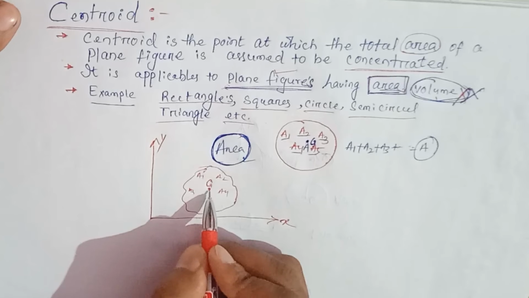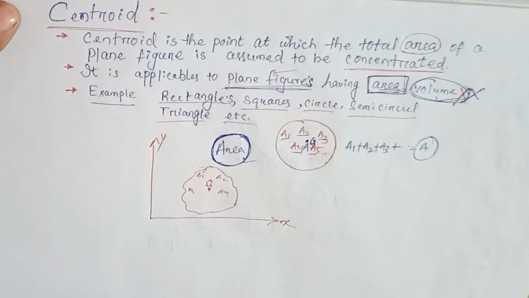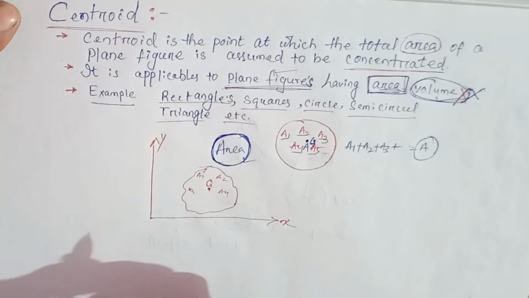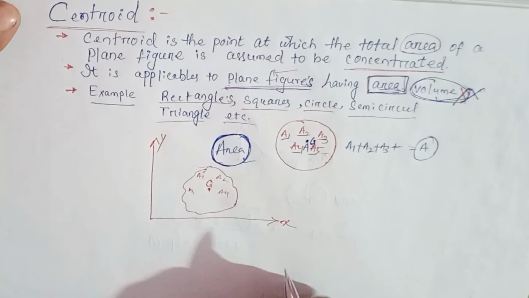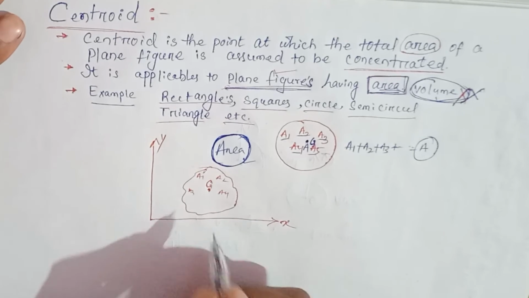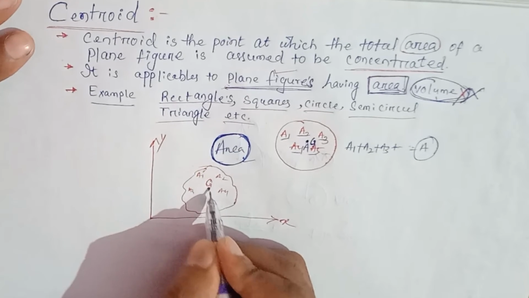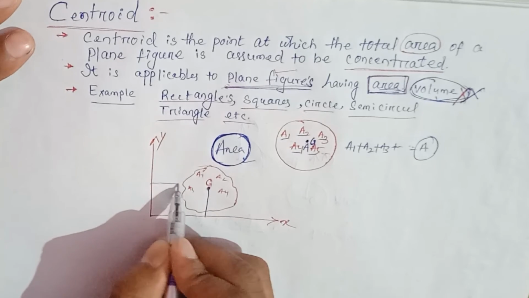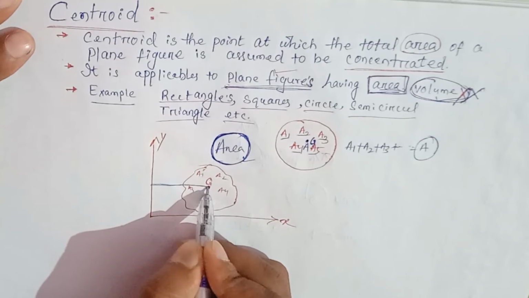Okay, so what is the distance of the centroid about the x-axis and about the y-axis? That means from this point you should draw a perpendicular line, and also you should draw a perpendicular line.